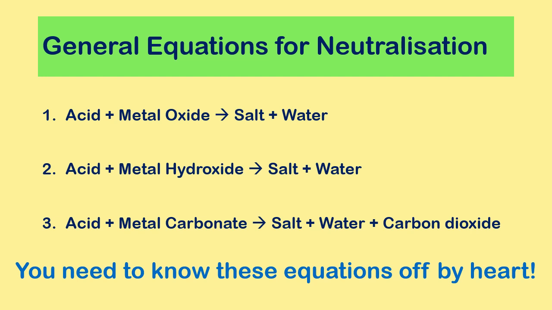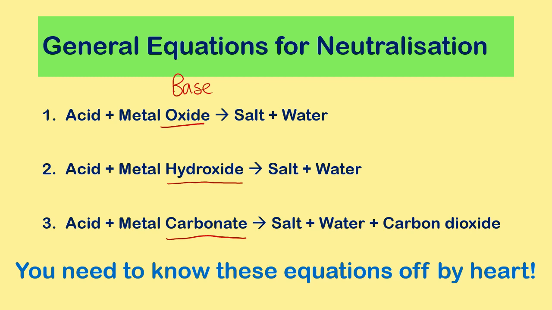So you need to know that if a chemical is a carbonate, hydroxide, or oxide, then it is a base. If it is a metal oxide, a metal hydroxide, or a metal carbonate, it is a base. And acids react with these 3 things. When an acid reacts with a metal oxide, you get a salt and you get water.